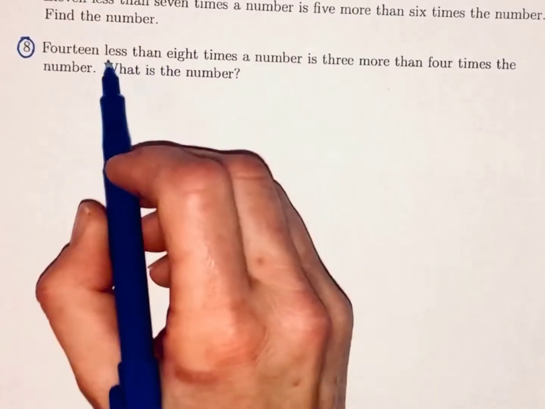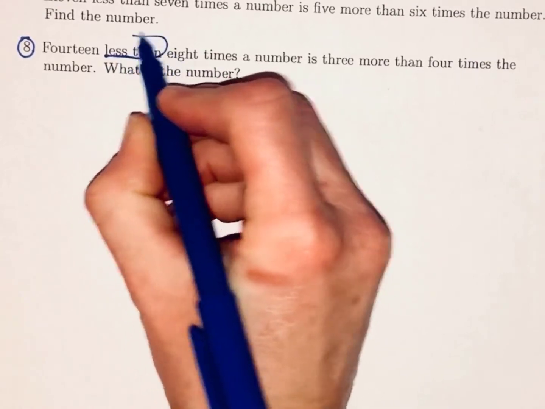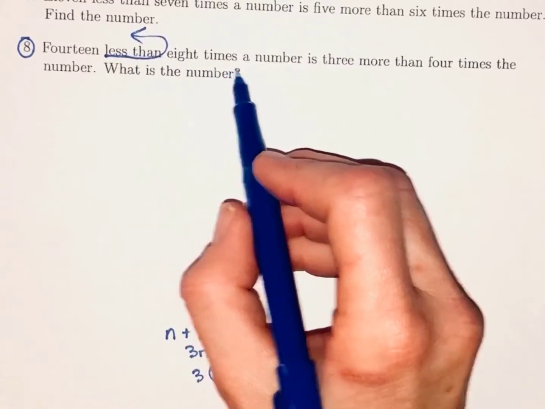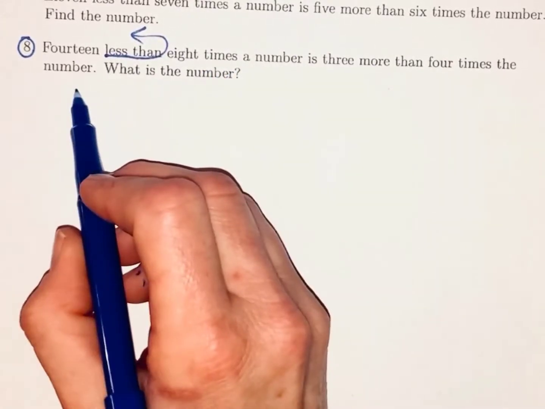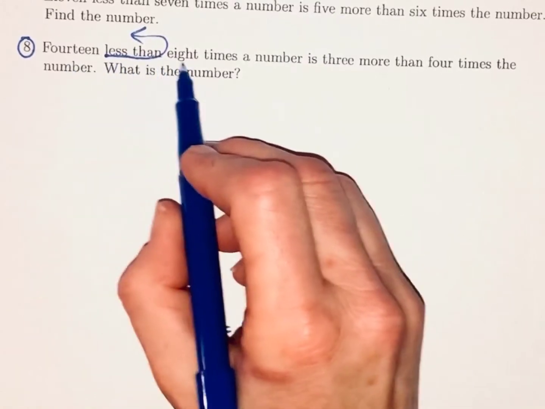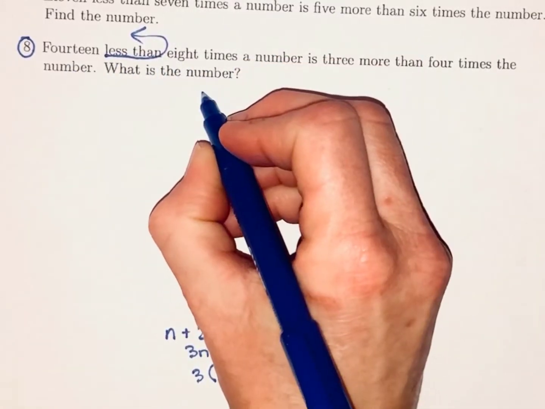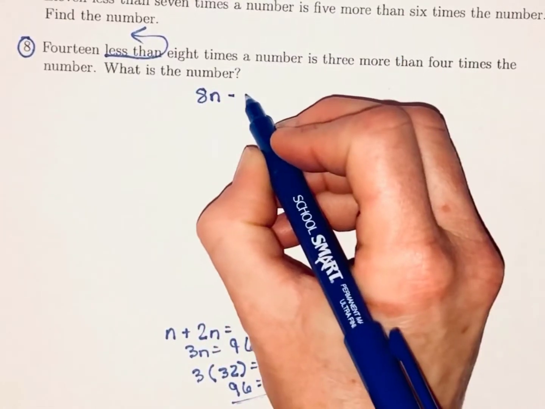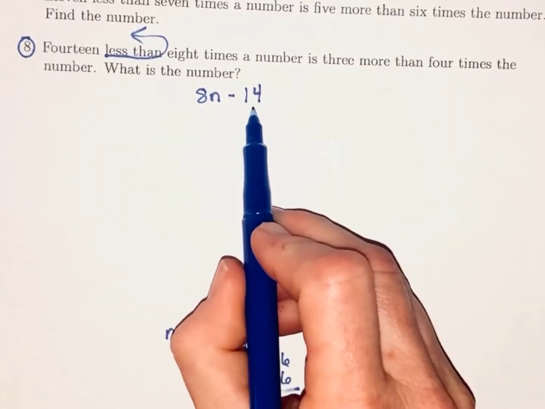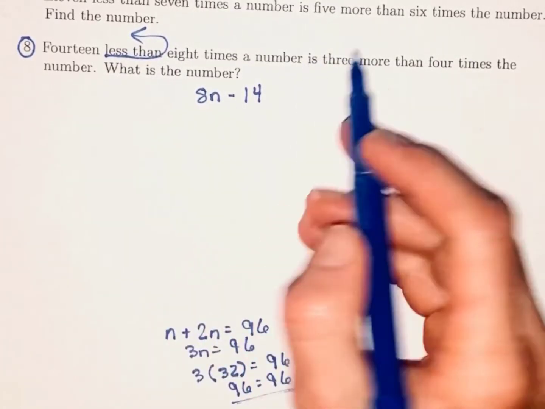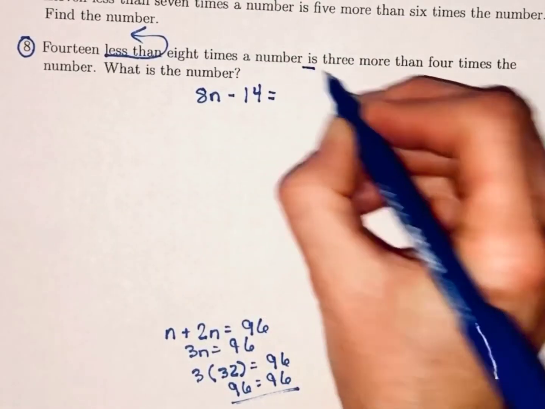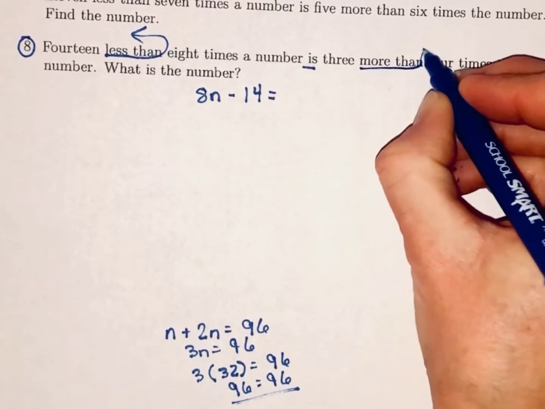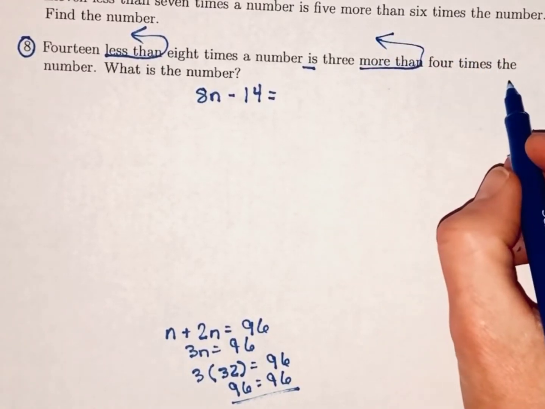And finally, number 8. 14 less than, so I know it's going to change the order. 14 less than 8 times a number is 3 more than 4 times the number. Okay. So 14 less than 8 times a number. Okay, so I'm going to start with 8 times a number less 14. 14 less than 8 times a number is 3 more than 4 times the number.